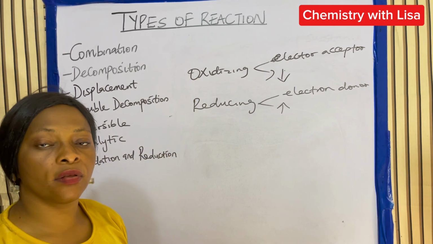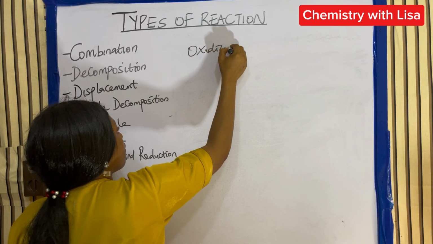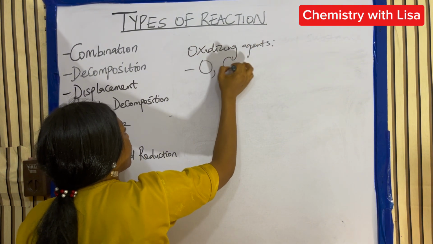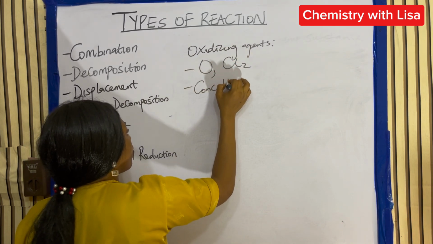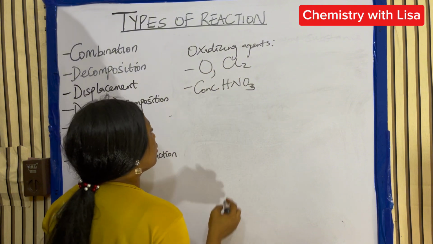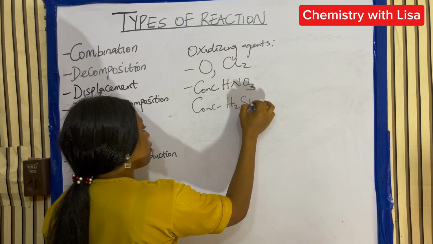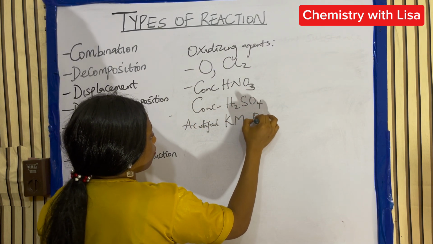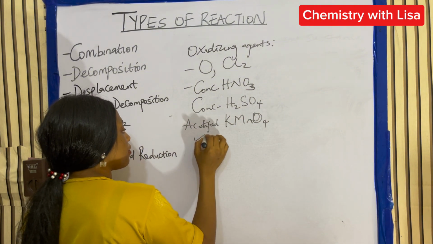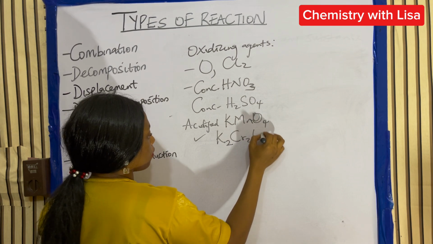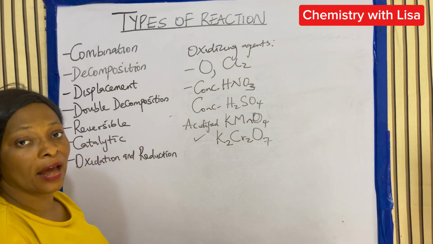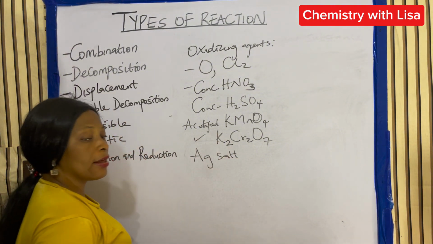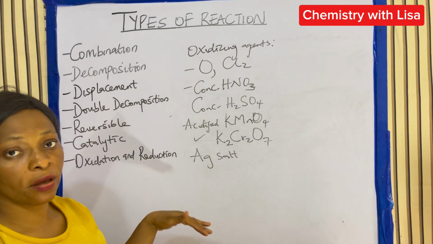So let's look at examples of oxidizing agents. Oxidizing agent examples include oxygen, chlorine, concentrated trioxonitrate 5 acid, concentrated tetraoxosulfate 6 acid, acidified potassium tetraoxomanganate 7, acidified potassium heptaoxodichromate 6, and then silver salt or any other metal that is lower than silver in the electrochemical series.